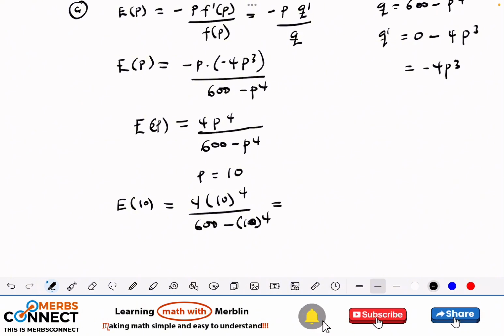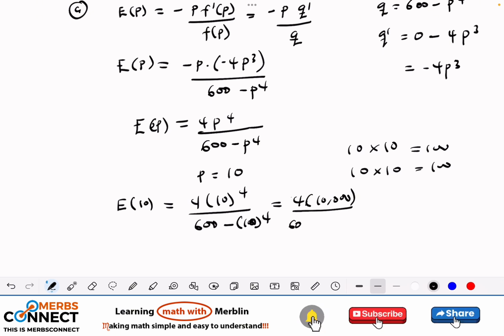So 10 to the power 4 is going to give us 10,000. 10 times 10 is 100, and 100 times 100 gives 10,000. So we have 4 times 10,000 divided by 600 minus 10,000.